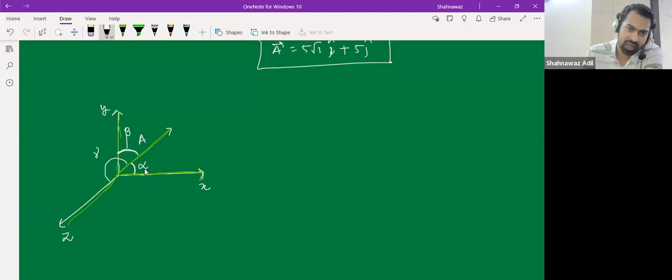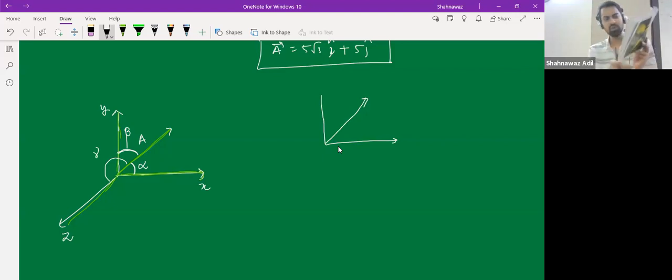If the vector were in a plane, making an angle alpha with the horizontal, it would make 90 minus alpha with the y axis.